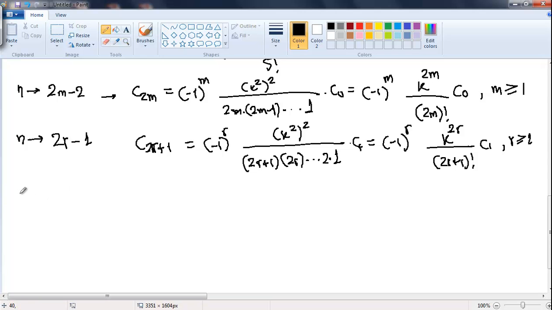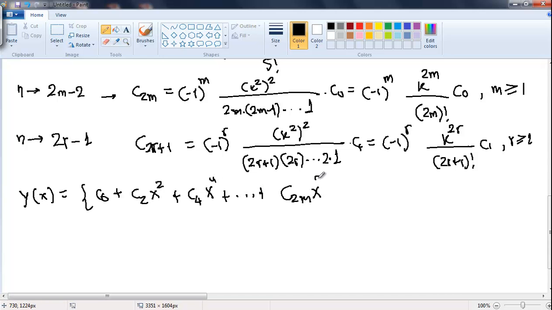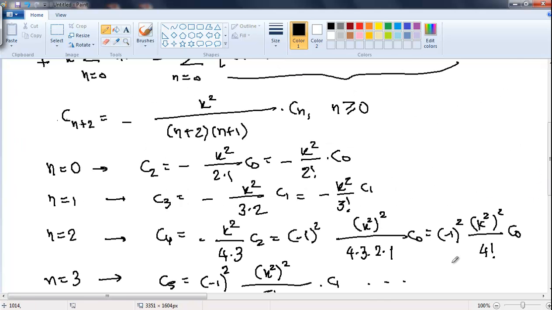Now, my general form of y(x) is c0 + c2 x² + c4 x⁴ + ... + c_2m x^(2m). And so I separate the even terms, and I separate the odd terms here, and this is c_(2r+1) x^(2r+1) up to infinity.